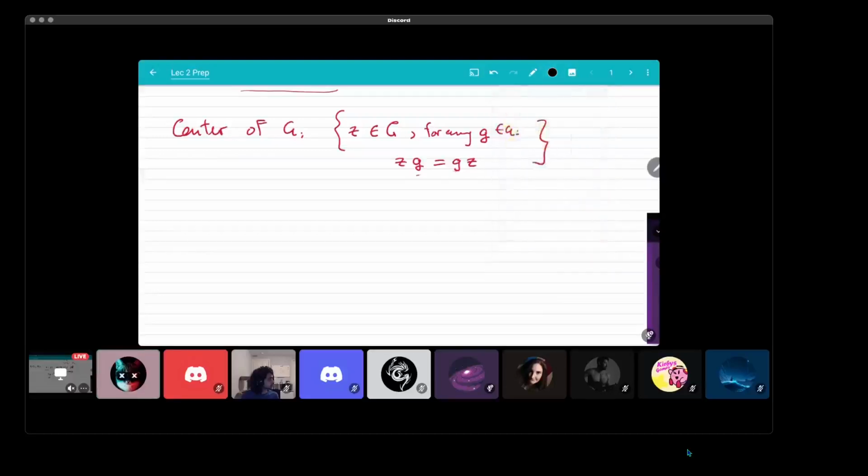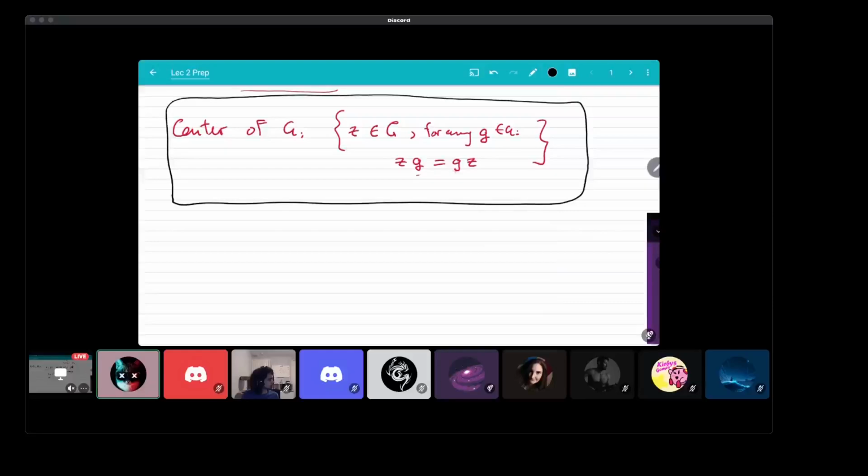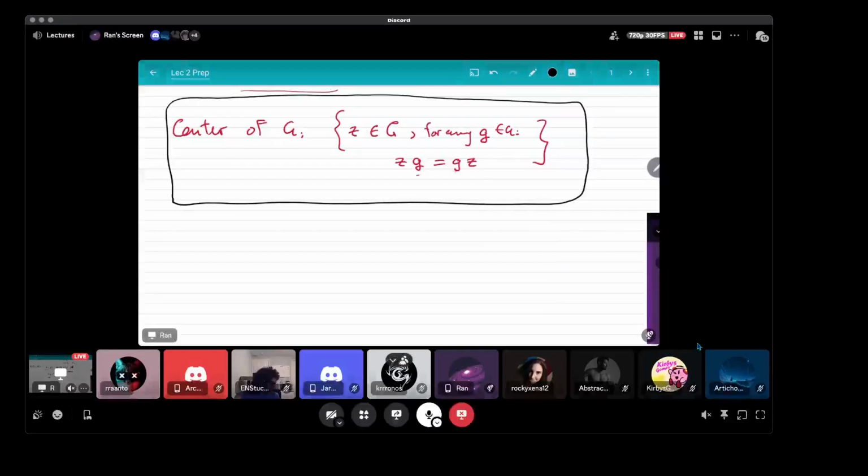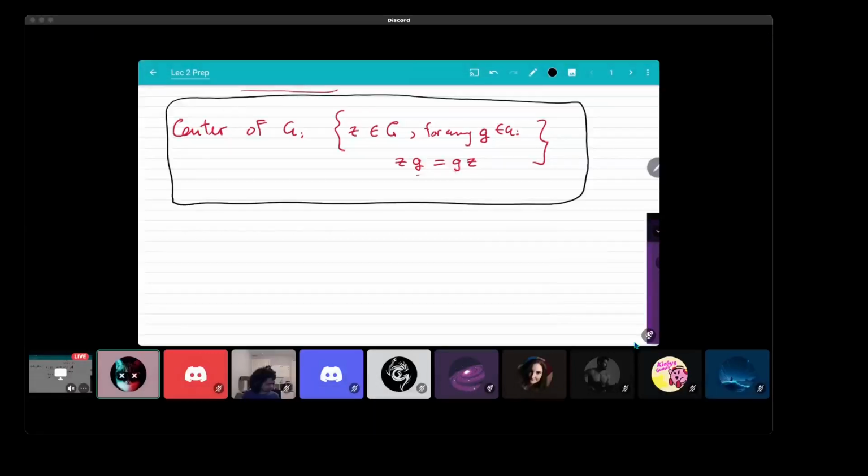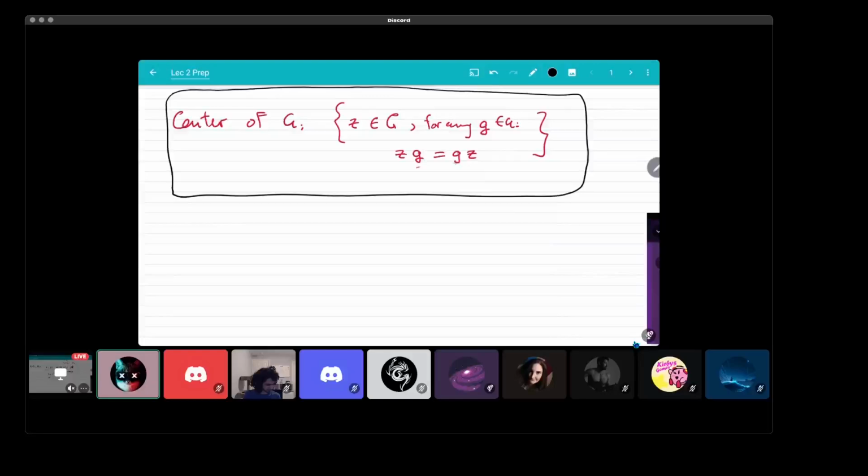So this is the center of G, and this is a normal subgroup of any group. This is equivalent to saying that Z G equals G Z. So note the difference between normal and center of a group.